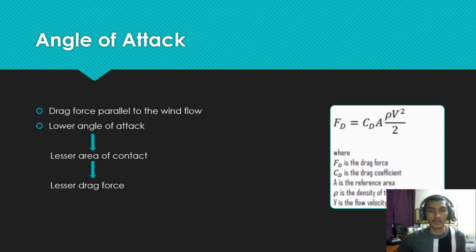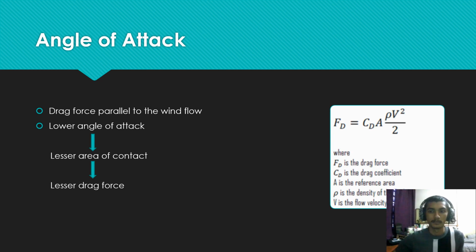As we can see in the formula given, the drag force is influenced by the area. So in order to minimize the drag force, a lesser area of contact is required between the wind and the wing. That is why we opted to design an airfoil model that could achieve high lift force even at a lower angle of attack.